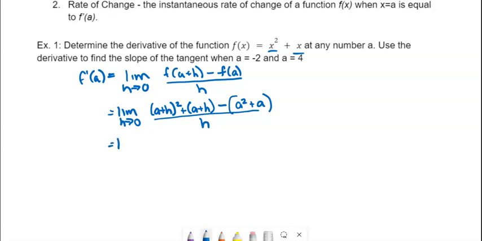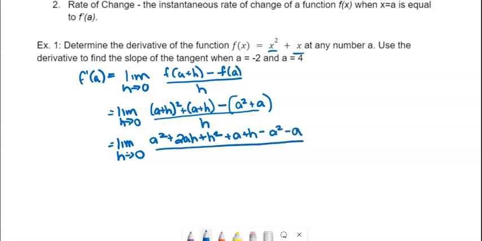Okay, now I just need to use algebra to clean this up. A plus h squared is actually a squared plus 2ah plus h squared, plus h minus a squared minus a, all divided by h. I'm going to combine some like terms here.